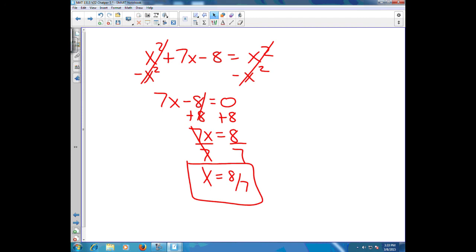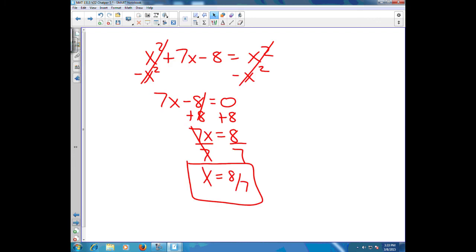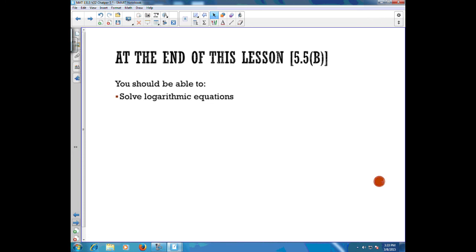And so if we go back to our original problem, if we plug in 8 over 7, all of those things are positive. And so 8 over 7 is okay. So at the end of this lesson, you should be able to solve logarithmic equations.